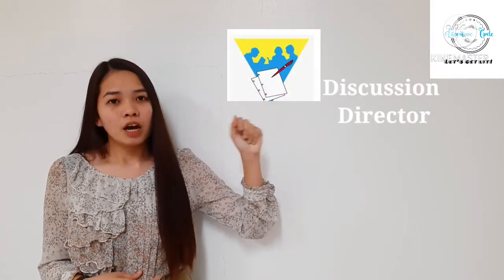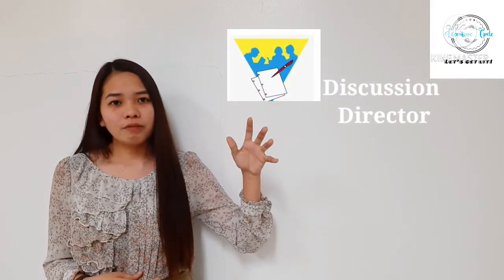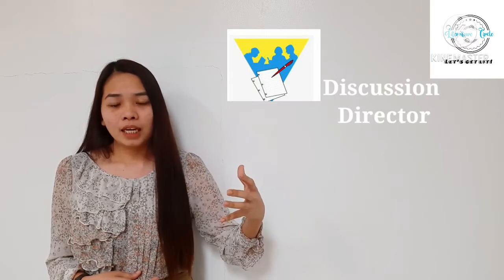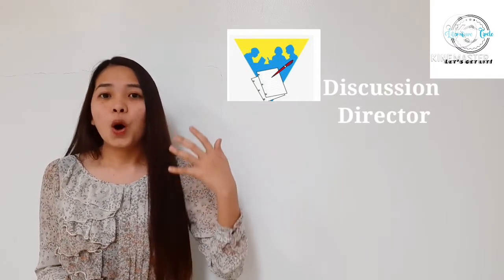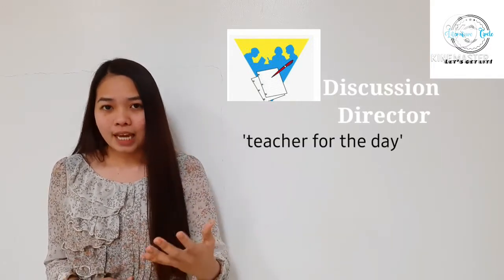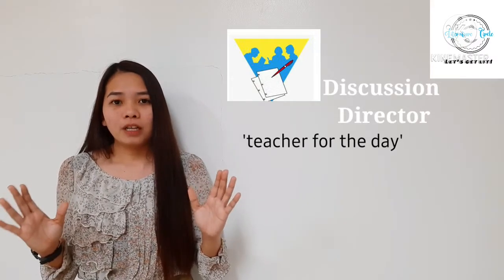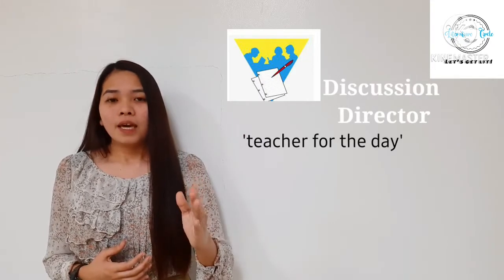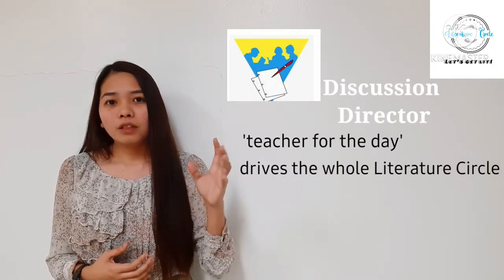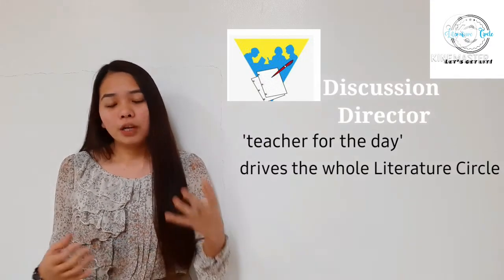Okay. Next, let's proceed with the discussion director. Of all the roles, the discussion director will be the one to be like the teacher for that day. Since the teacher will no longer be part of the literature circle but will just be a facilitator, your job is to drive the whole literature circle. What do you mean by that?